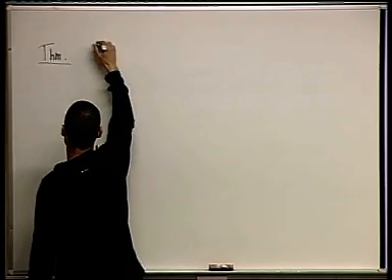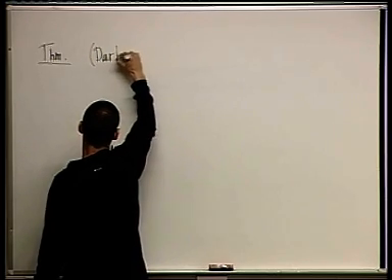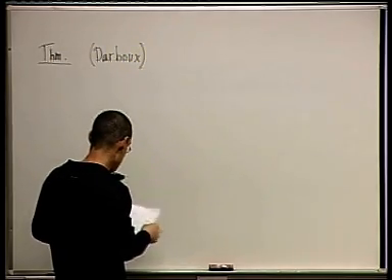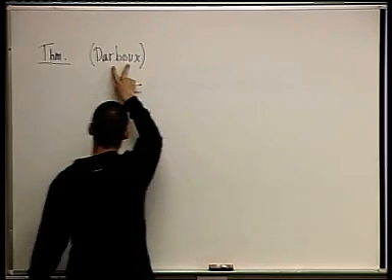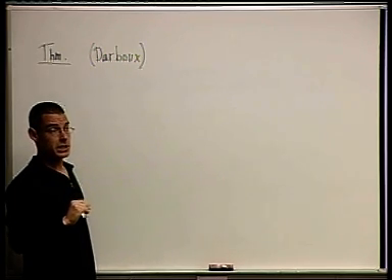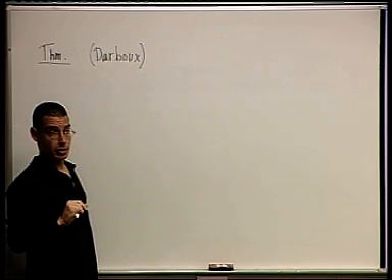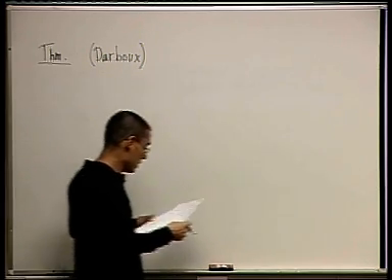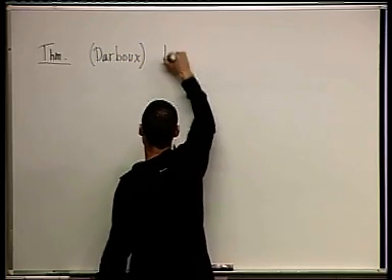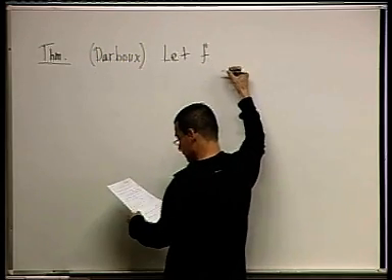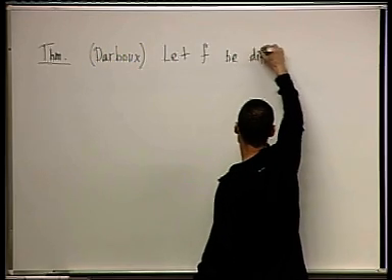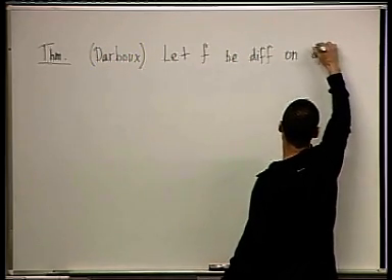So the first theorem is called Darboux's theorem. Darboux, a French mathematician. And it's sometimes called the intermediate value theorem for derivatives. We had an intermediate value theorem for continuous functions. This is sometimes called the intermediate value theorem for derivatives. It says the following: let f be differentiable on a closed interval.